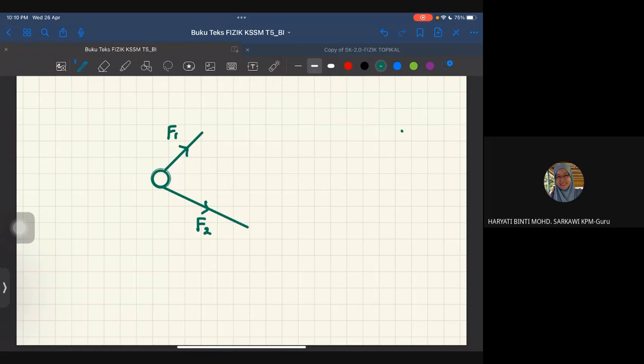To determine the net force, you can still draw the triangle of forces, but the method will be like this. You draw one force, let's say F1, but make sure the angle is correct. Let's say this is theta. So you draw your reference line. Second force, you draw behind the first force, so your F2 can be drawn like this.